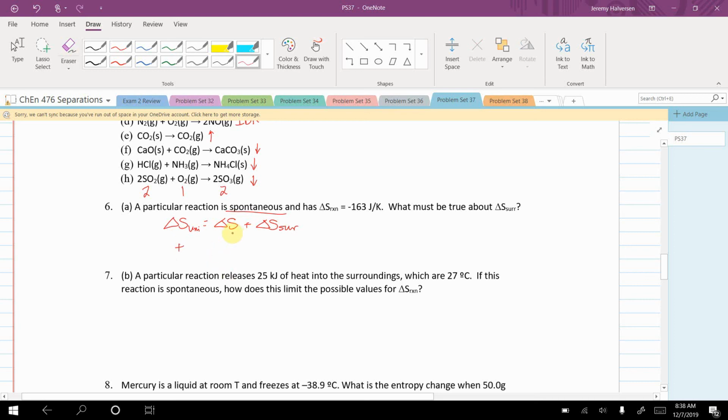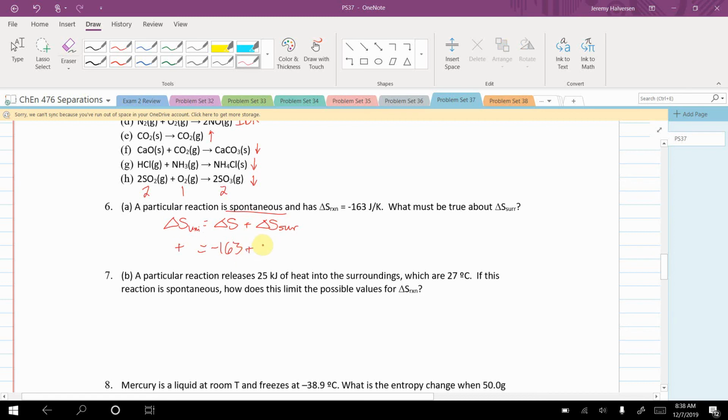Then delta S of the system, in this case we're talking about a reaction, so the reaction is the system, is negative 163. What must be true about delta S of the surroundings? Well, if the system is negative 163, but the universe is positive, what does the surroundings have to be?